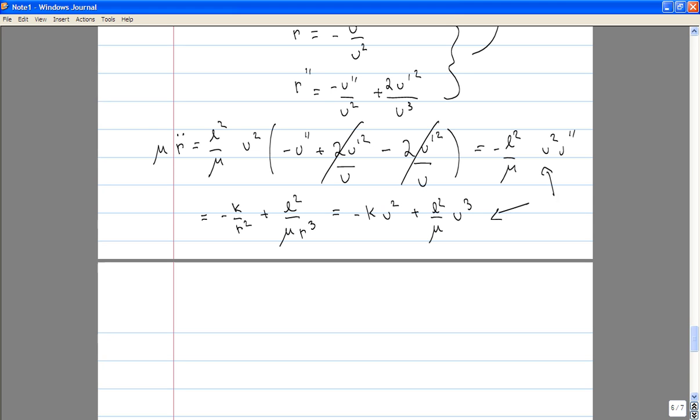So let's multiply everything by mu over L squared and divide everything by u squared. And what does that look like? Well, let me just rewrite it. So we have minus L squared over mu u squared u double prime is equal to minus k u squared plus L squared over mu u cubed.